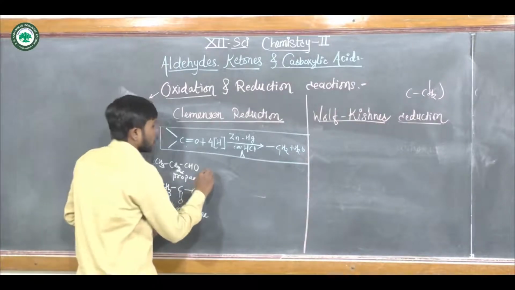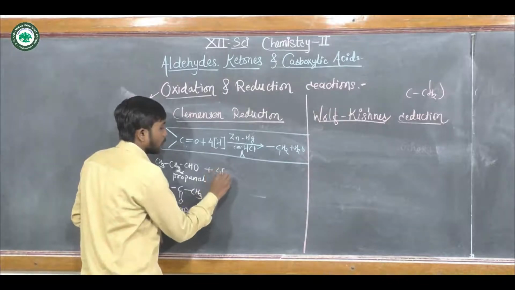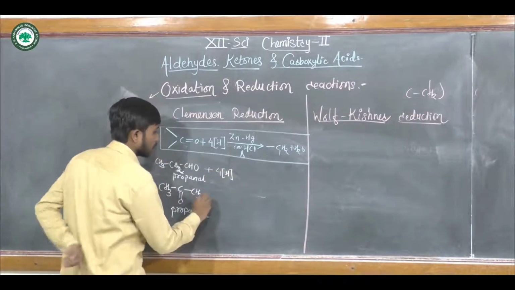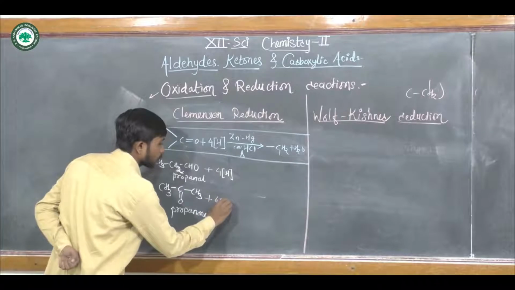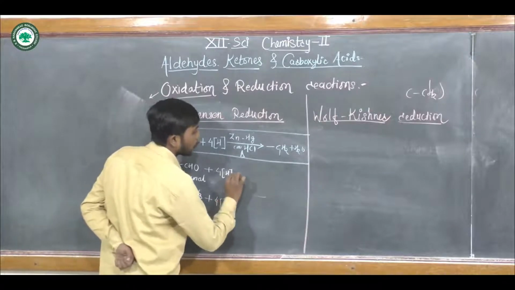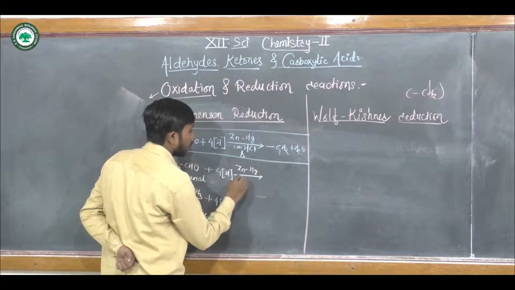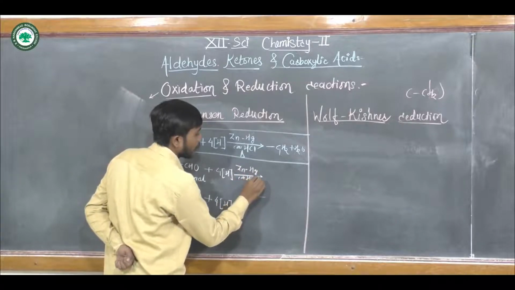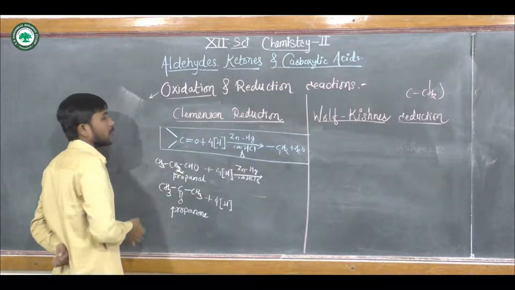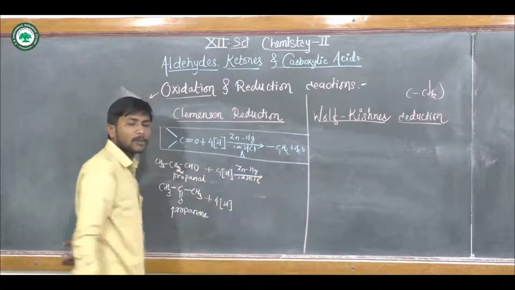Now, if it undergoes reduction, what is the reaction? We are using zinc amalgam and concentrated hydrochloric acid. There is a formation of what? A methyl group, or methylene group.